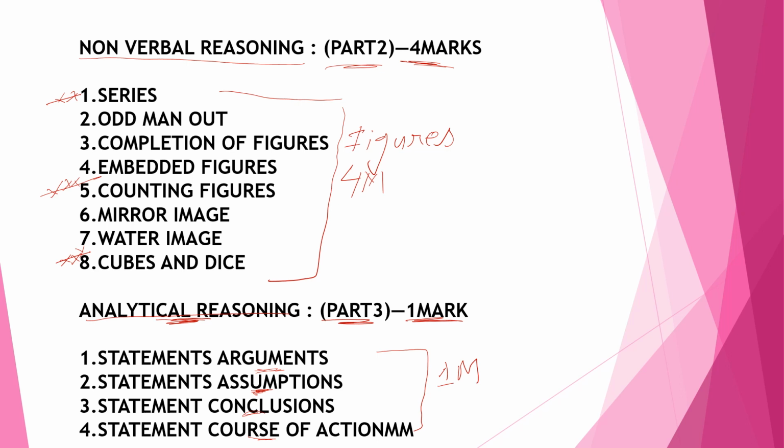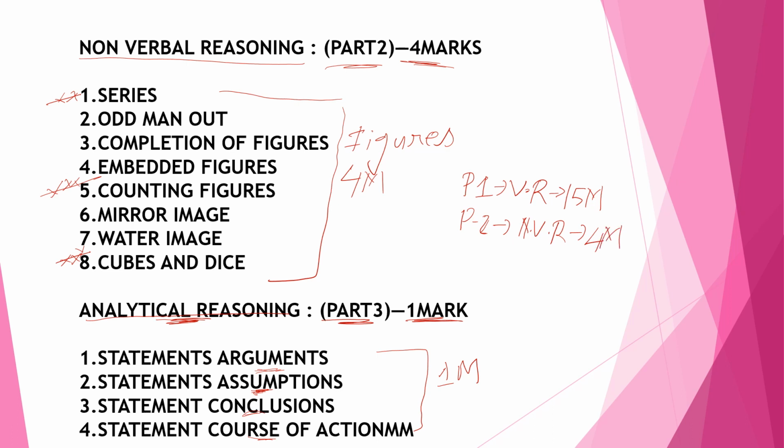So the most important part that we need to remember is part 1, that is verbal reasoning. From this we are getting 15 marks. So students need to concentrate on verbal reasoning. From part 2, non-verbal reasoning, we are getting 4 marks.